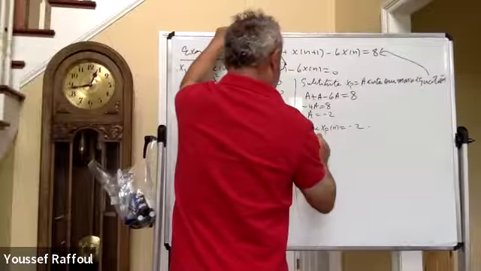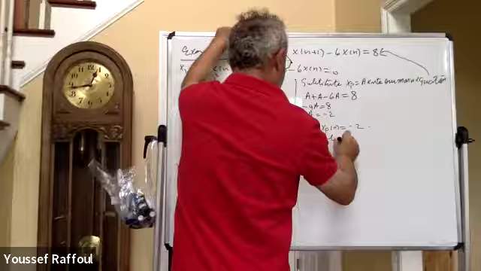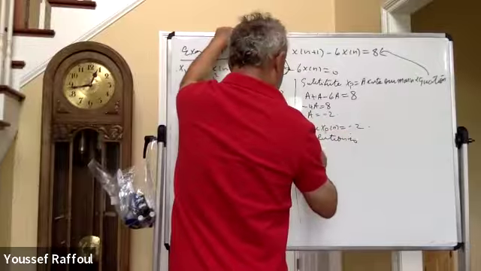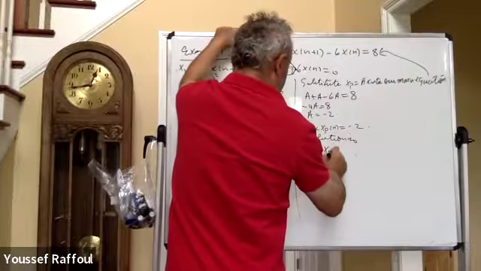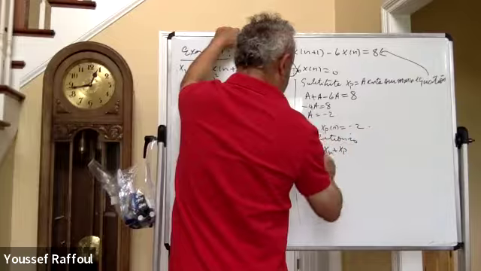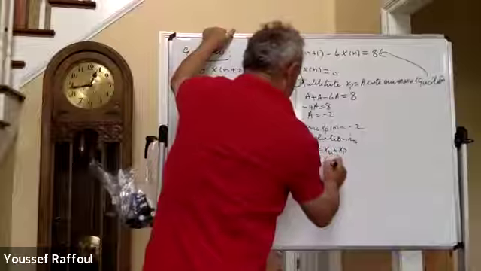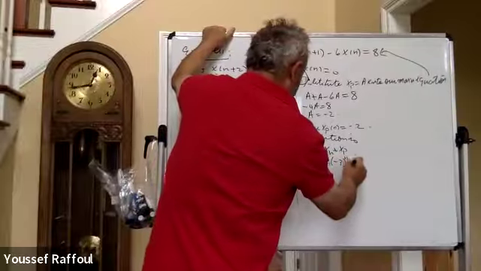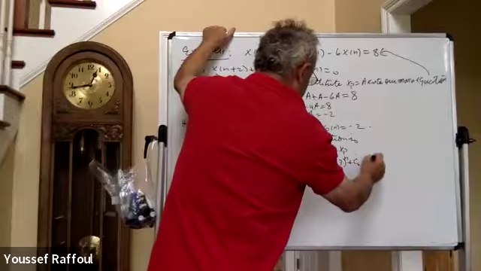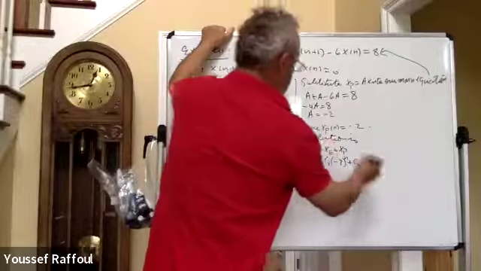Therefore, the solution is x_n equals x_h plus x_p, where x_h is c1 times minus 3 to the n plus c2 times 2 to the n, plus x_p, minus 2.